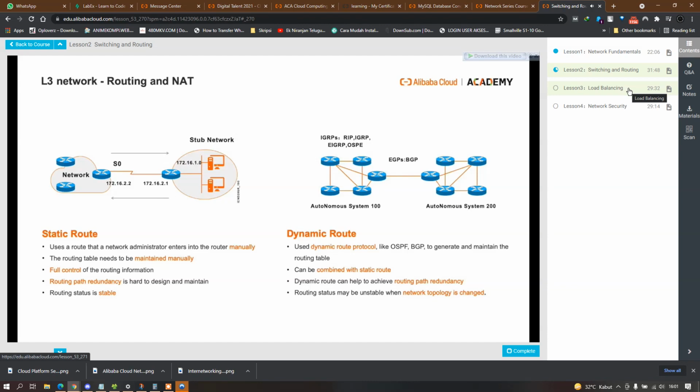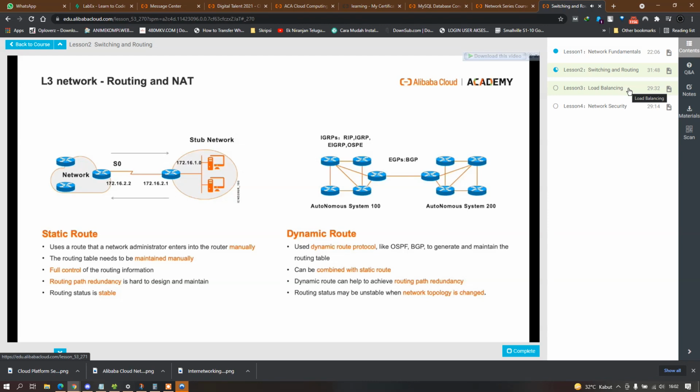But for static route, it has a big advantage that the route status is stable. That means the route status will not be changed very frequently, because all the routing information is inputted by the administrator, right?